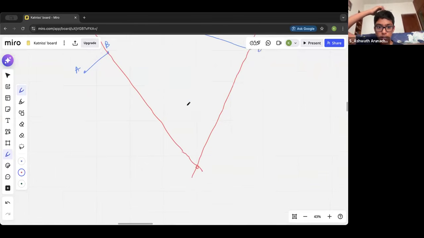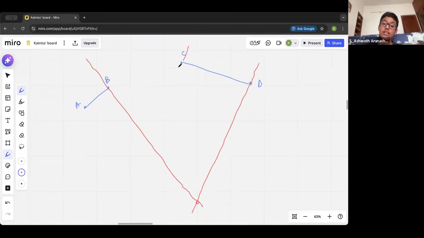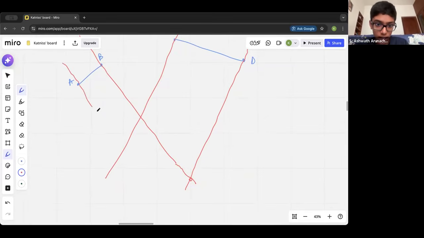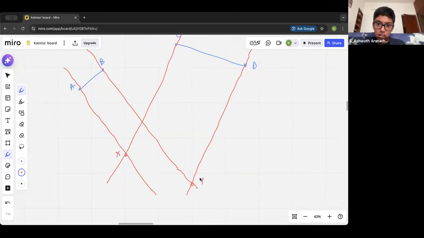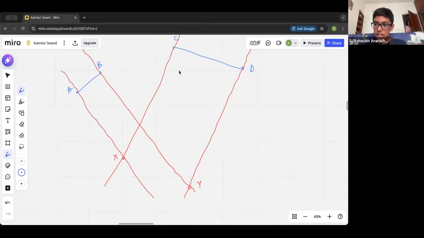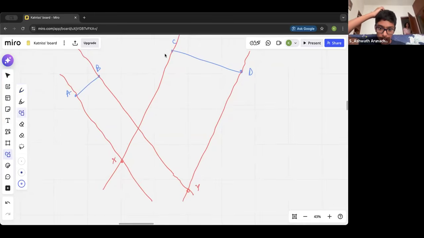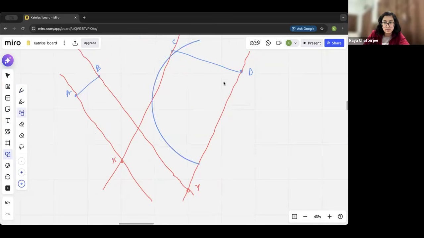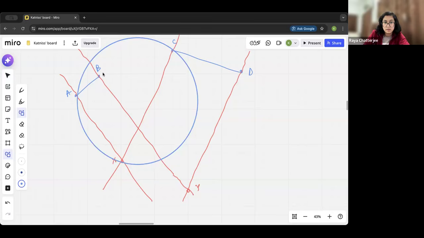Consider the meeting point of the perpendiculars from A and C as X, and from B and D as Y. Then the circumcircles of ACX and BDY, wherever they intersect, I think that would be the center of spiral similarity. Forgive my drawing. This is terrible.